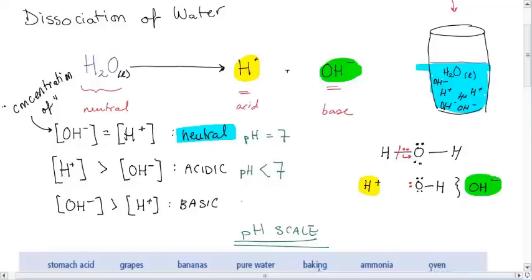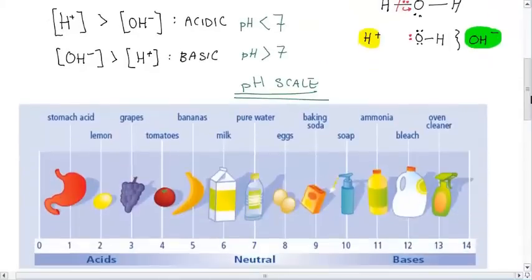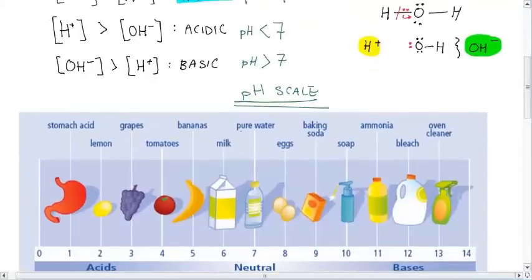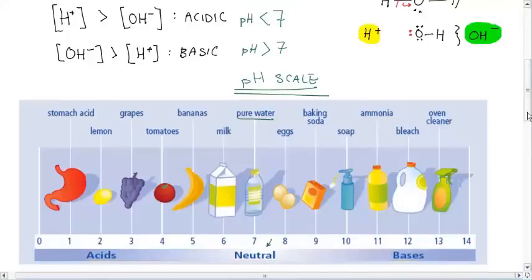A substance that's basic is going to have a pH of greater than 7. So the greater the pH, the more basic a substance is. And you can see that on the scale down here. 7, pure water, is neutral. As you get into the smaller and smaller numbers, you get into stronger and stronger acids. As you get into the higher and higher numbers, you get into stronger and stronger bases.